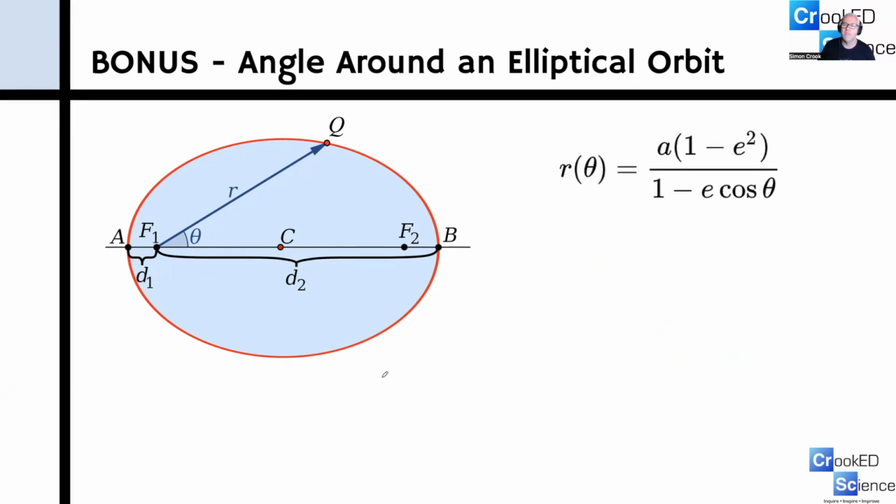And so we can now determine theta, seeing that we know from the question that the distance of Q is given as 6.85 times 10 to the 6 meters. The numerator in this expression works out as 6.9935 times 10 to the 6 meters, and that's over 1 minus e cos theta. And so theta comes out as 61.4 degrees.